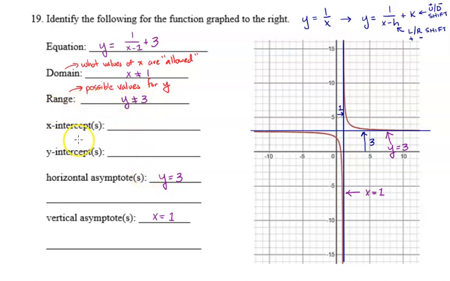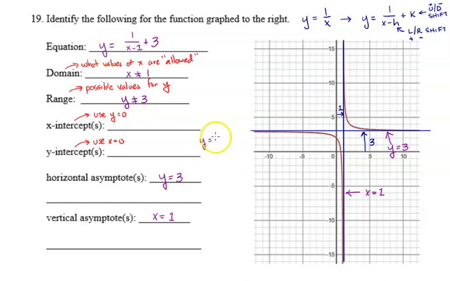Now to find the intercepts: to find the x-intercept, we use y equal to 0, and to find the y-intercept, we use x equal to 0. I usually think the x-intercept is easier, so let's start there. I'm going to take my original equation, set x equal to 0 and figure out what y equals.